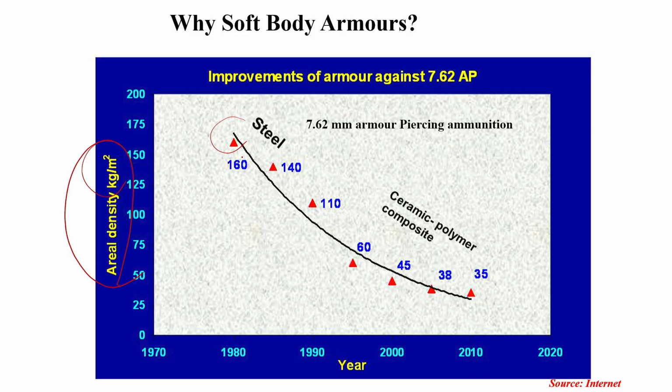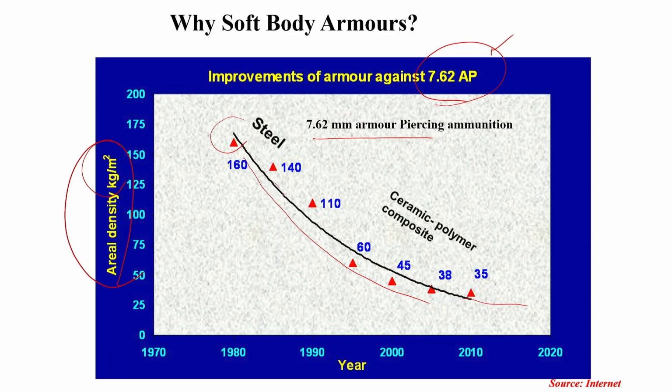With time, the research was going on for the same bullet, the 7.62 armor piercing bullet, AP bullet.